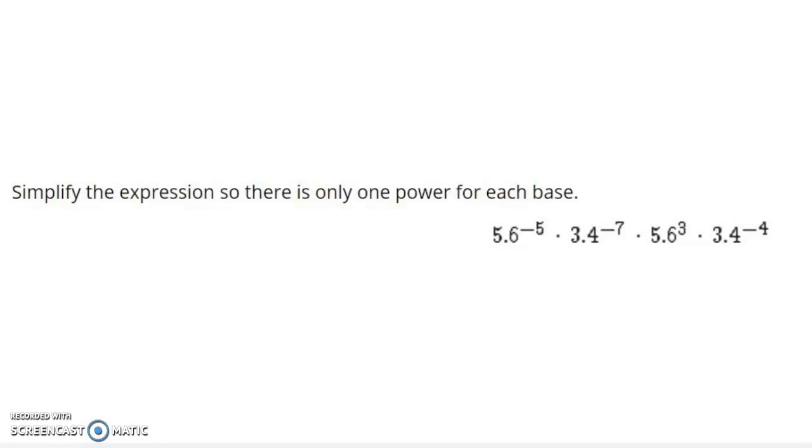All right, the next question, question number 3. Simplify the expression so there's only one power for each base. So as you can see, we have 5 and 6/10 to the negative fifth power and 5 and 6/10 to the third power. So we can simplify those because they have the same base.